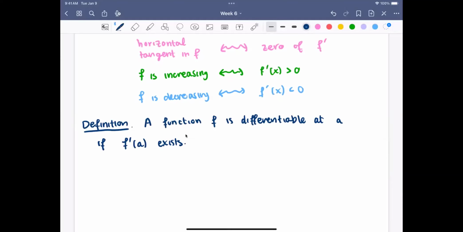And if it's differentiable for every value inside of some interval, then you would say that it's differentiable everywhere on the interval.